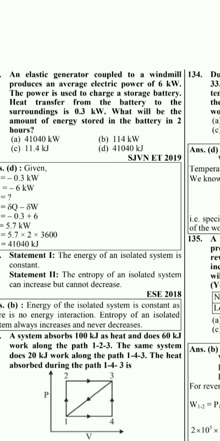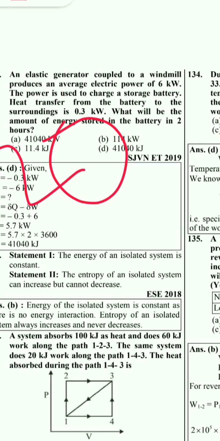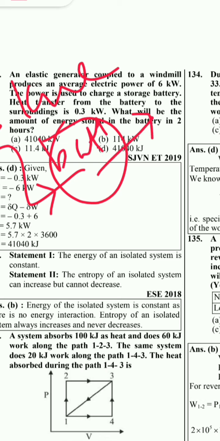Similarly, suppose I am considering this storage battery as a system. In order to store energy in a battery, we need to do 6 kilowatt of work on it. So it is the work done by the surroundings onto the system. Out of this battery system, 0.3 kilowatt of heat is transferred to the surroundings, so it is again negative.